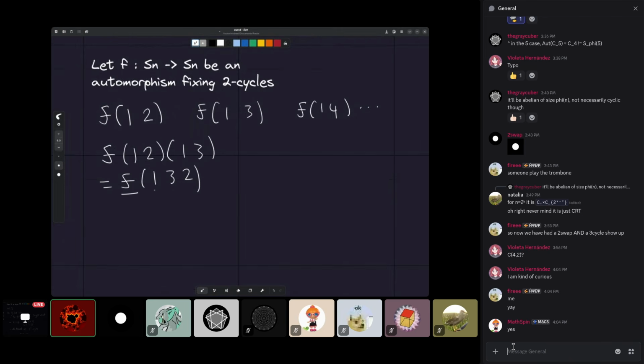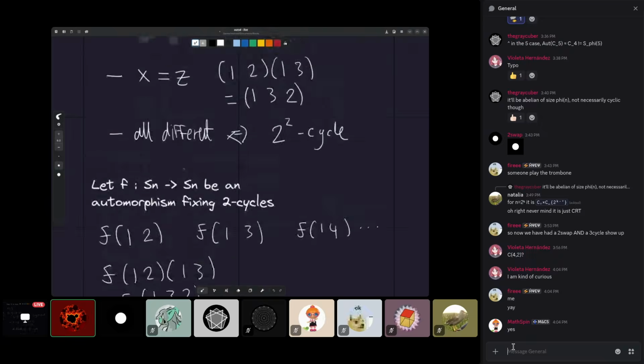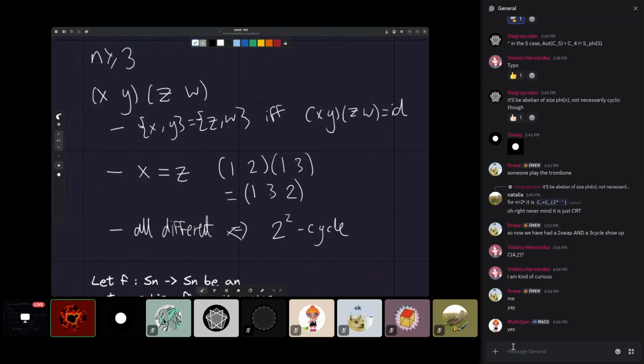And automorphisms preserve 3 cycles. So that means f of (1 3 2) is a 3 cycle. And by our result up here, if you end up with a 3 cycle, it means two of the 2 cycles you started with share exactly one thing.